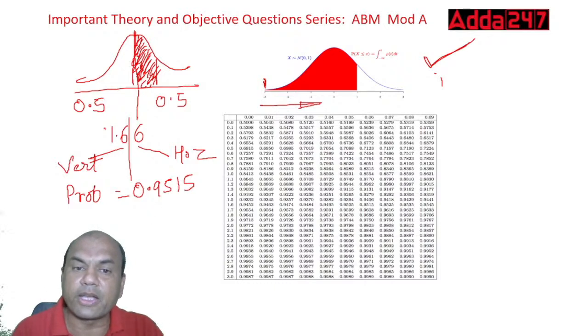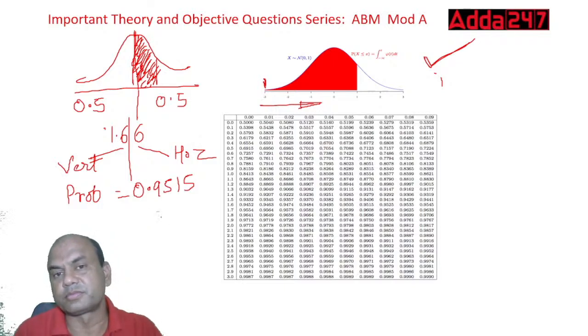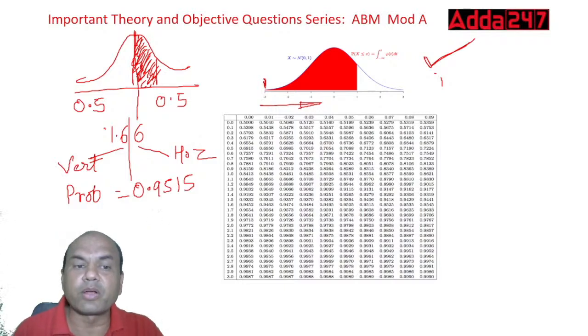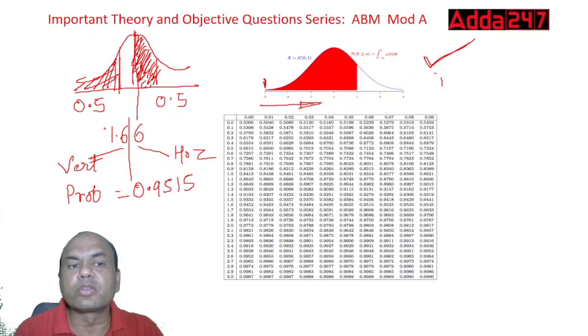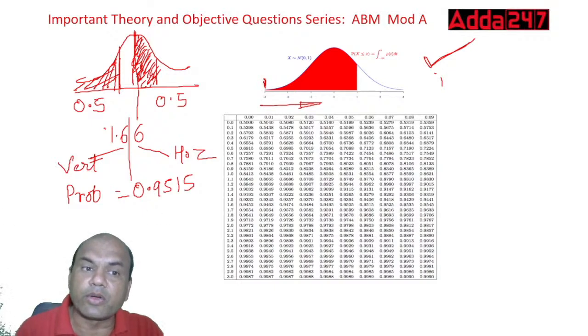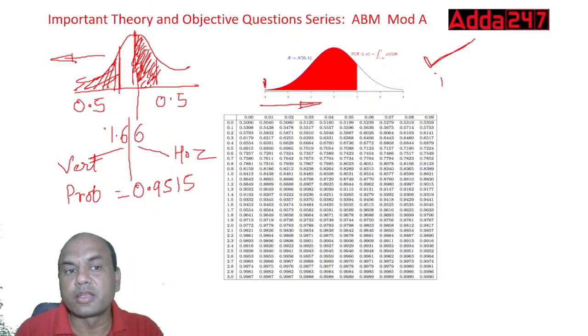This area of 0.9515 means from here, the complete area up to this line, but I want below 1900, so I want the left side of this line.